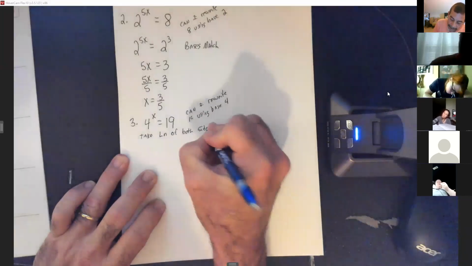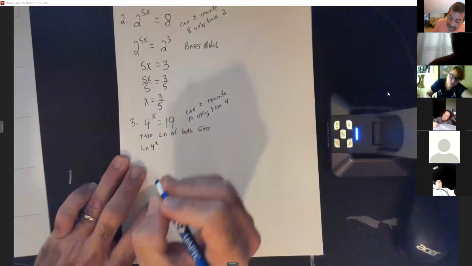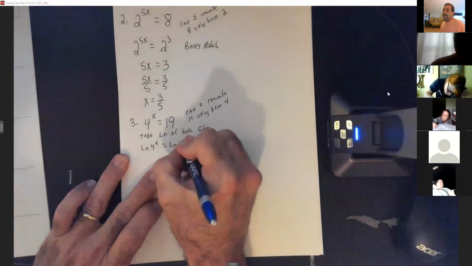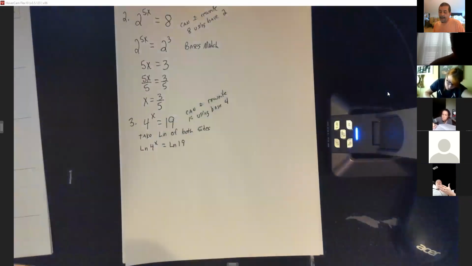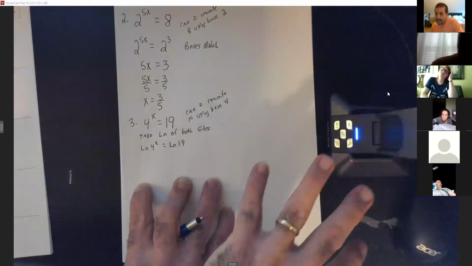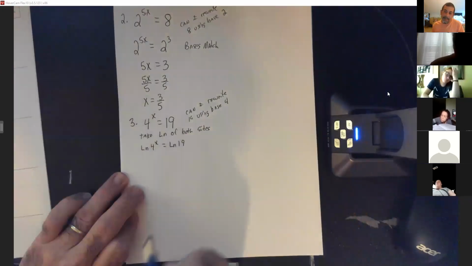So that's going to give me ln of 4 to the x equals ln of 19. And remember, what I do to one side of an equation, I have to do the ln to the other side of that equation, okay? Let me see if y'all can guess my next move.